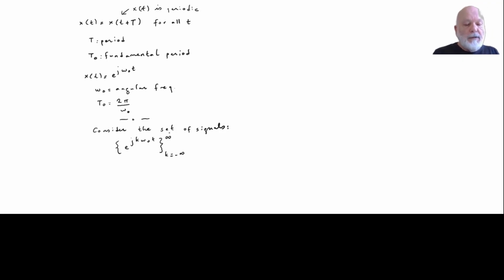So we have a set of complex exponential signals whose angular frequencies are k omega 0, where k is an integer. So we have complex exponential signals with frequencies equal to integer multiples of omega 0.